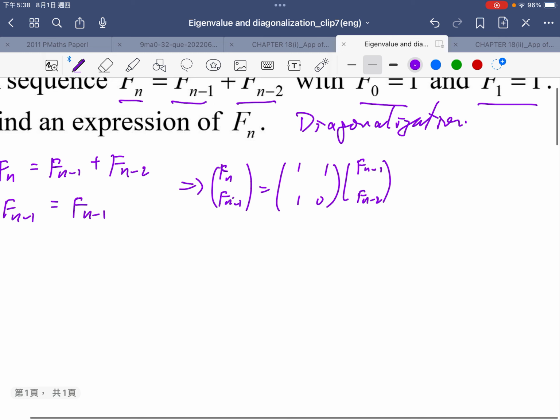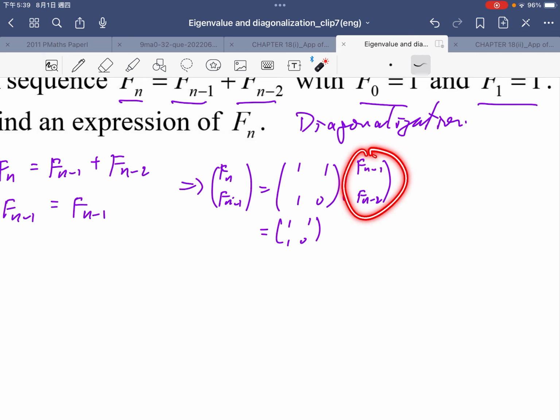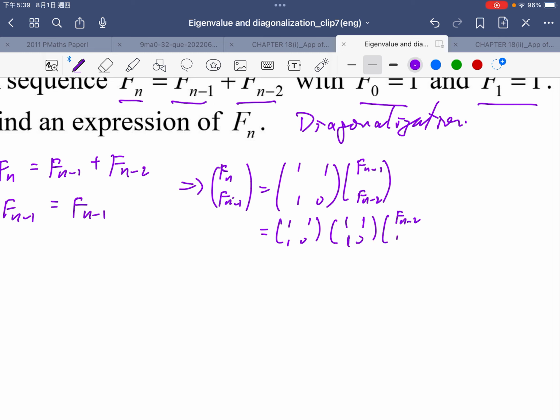And this can be further decomposed into the matrix 1 1, 1 0 times the vector Fn minus 2, Fn minus 3.